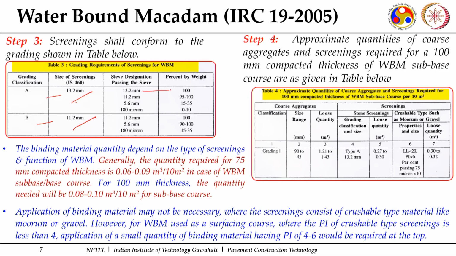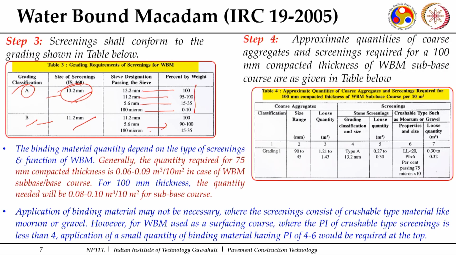So, here it gives the gradation range for a material which will be classified as 13.2, and the important part is grading A. This should be the range of materials present if grading A is used, and this should be the range if grading B is used.